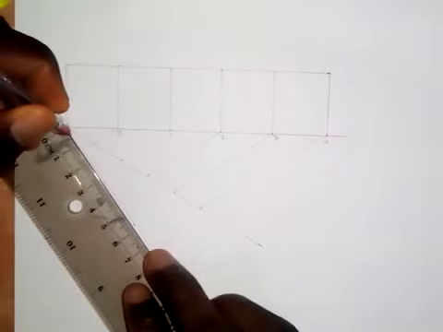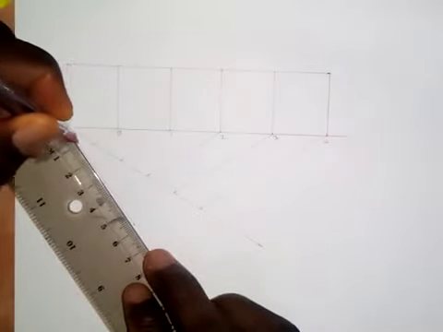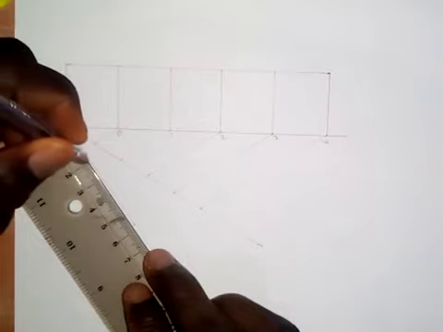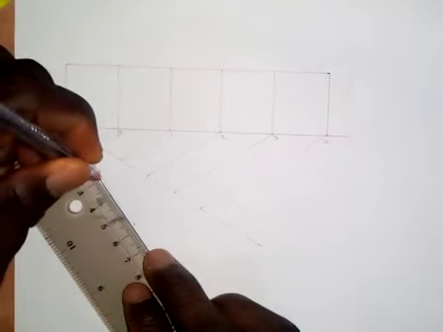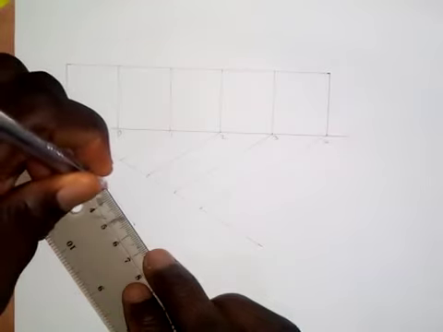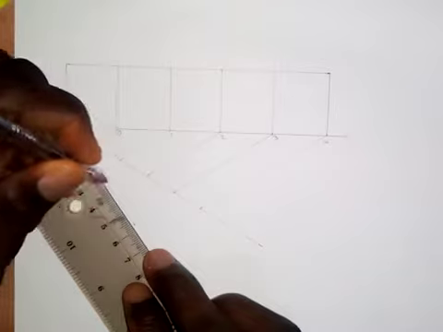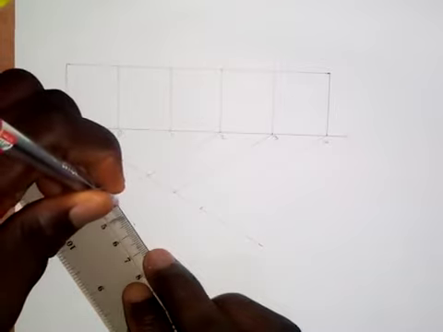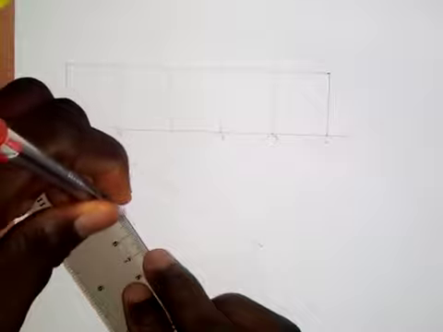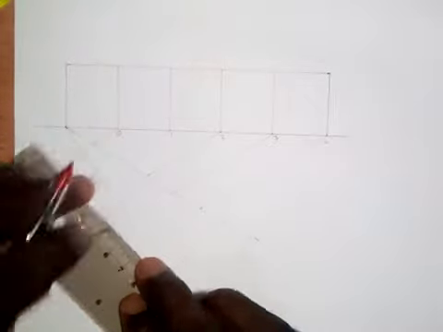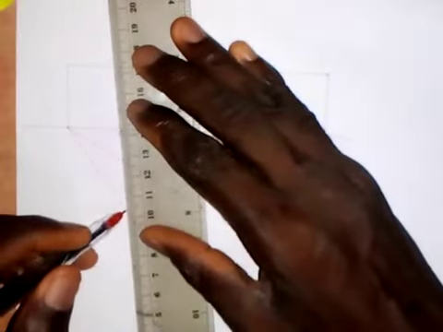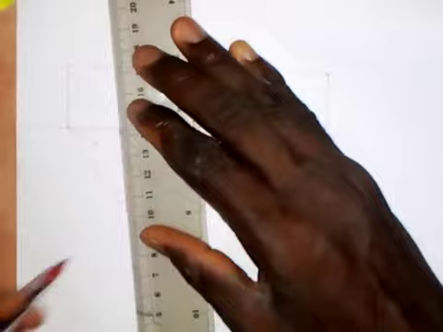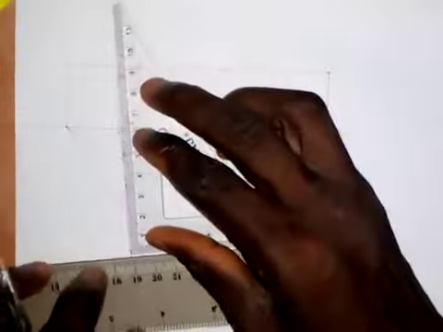This is 1, this is 2, this is 3, this is 4, this is 5, 6, this is 7, this is 8, this is 9, and here we have 10. So we join the last one to this point 0 here, and the other ones we are going to join by drawing parallel lines.